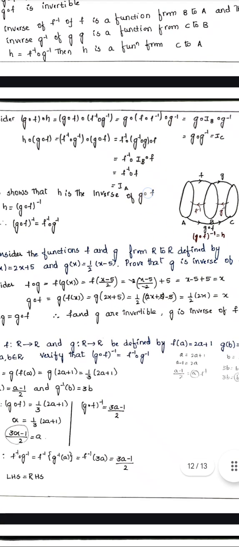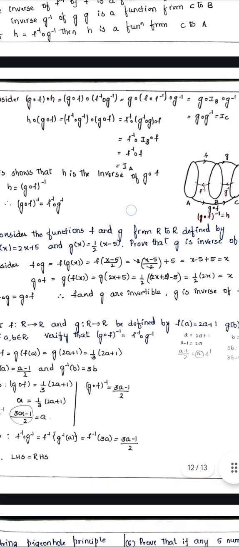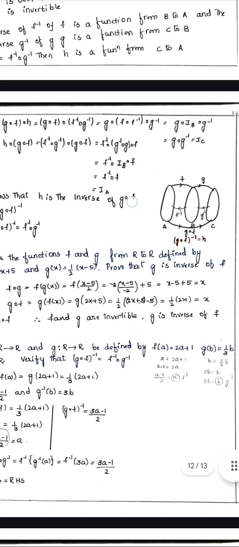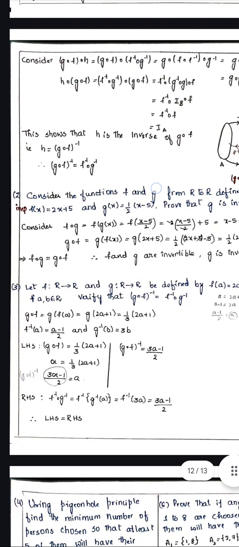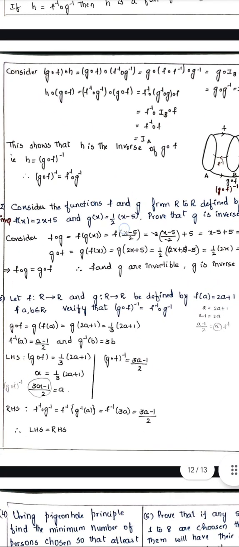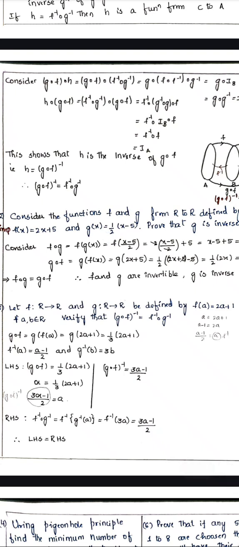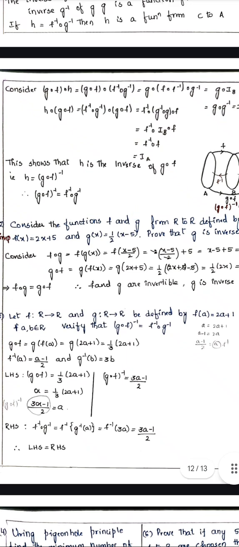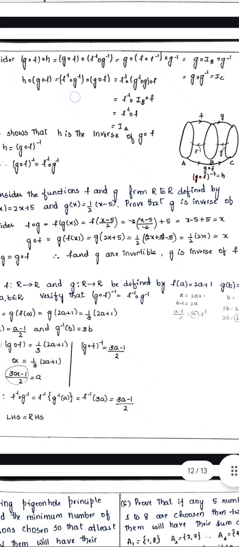Then f inverse of f becomes I_A. So we get I_A, I_B and I_C. This shows that h is the inverse of g of f. That is, h equals (g of f) whole inverse. (g of f) whole inverse equals f inverse of g inverse.